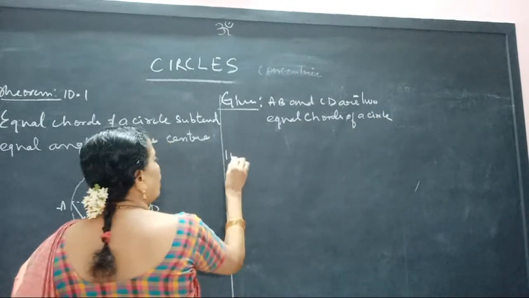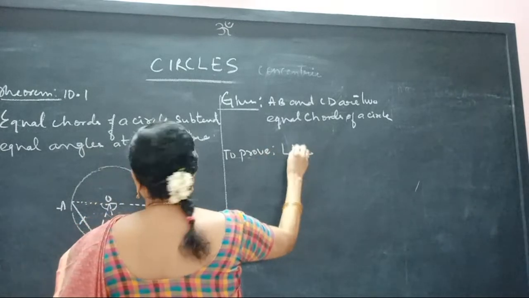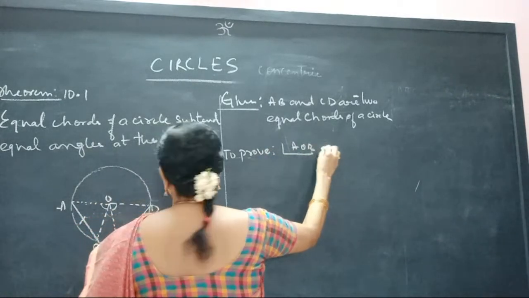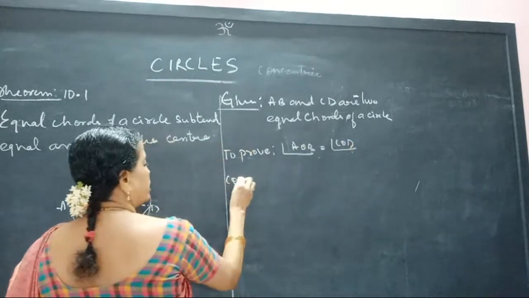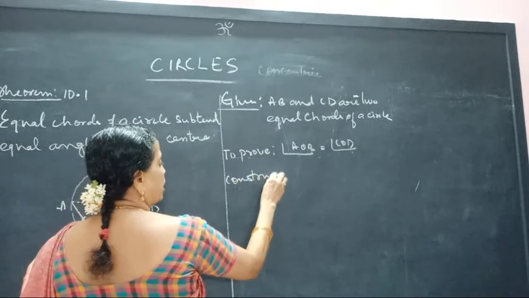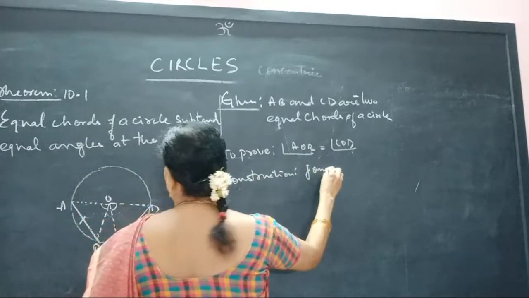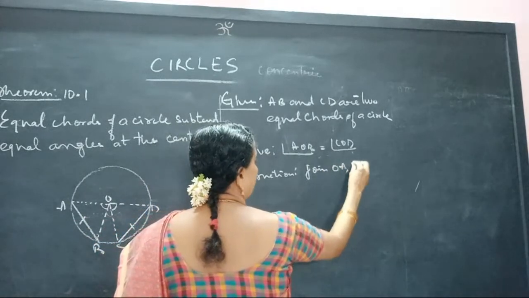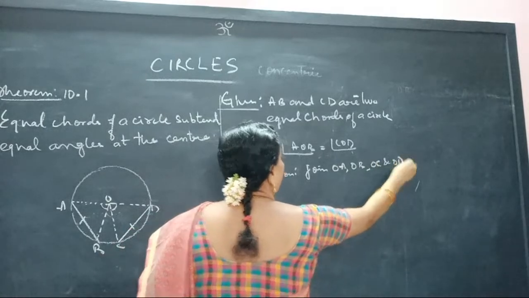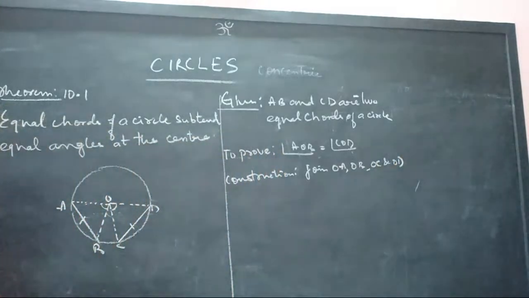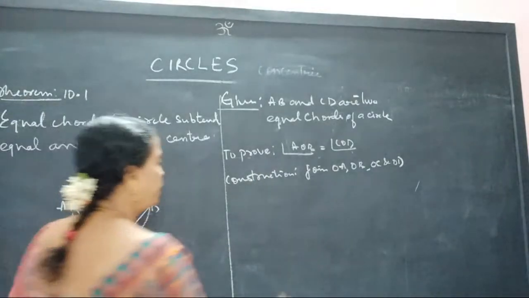To prove: angle AOB equals angle COD. Construction: we did the construction here. What construction did we do? Join OA, OB, OC and OD. Since it is a construction, I have shown it in a dotted line. We have joined. Now here comes the proof.